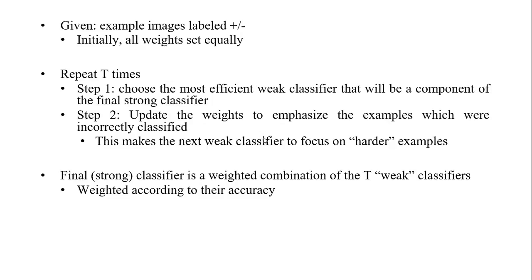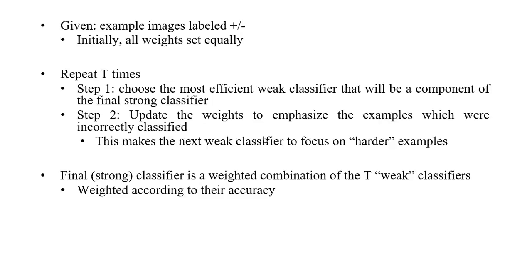The algorithm is then repeated p times. The first step is that we need to choose the most effective classifier that will be a component of the final classifier, which we call the strong classifier. Then the weights are updated to emphasize the examples which are incorrectly classified.